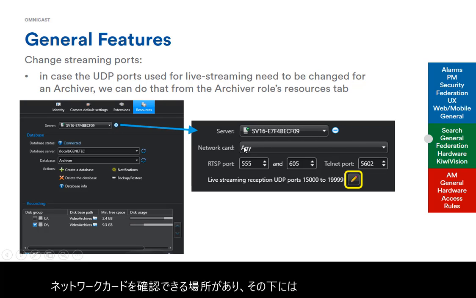Then I'm going to see our normal network card, but we can also see live streaming reception UDP ports, and it gives the range that it's currently set to. If I hit the pencil icon here, it's going to pop up a menu and show you those ports and ask you any changes you want to make. If there's anything that does need to be modified, we can do that.